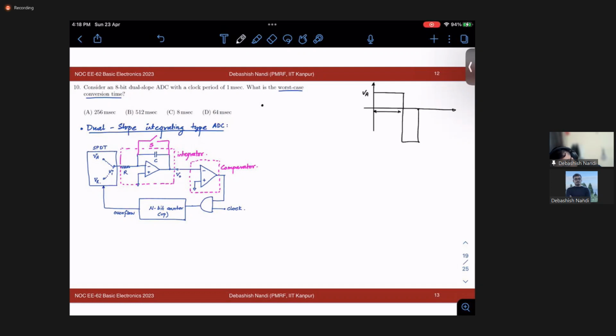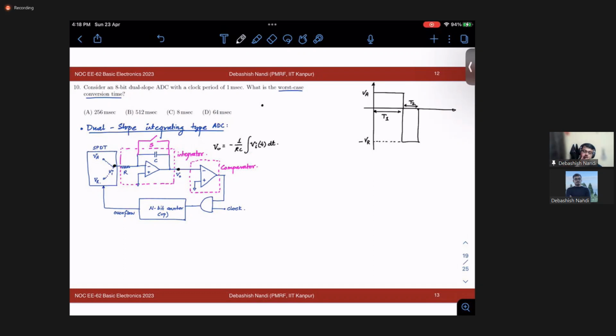This is your T1, this duration is T2, and let's say this is your minus VR. Okay, so what is your V naught? V naught is this point, it's nothing but minus 1 by RC integration. This is your input VI, so VIT.